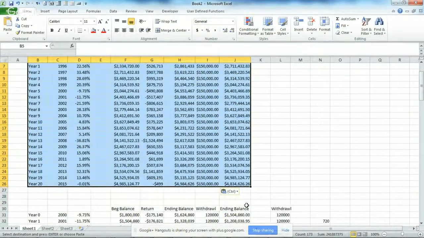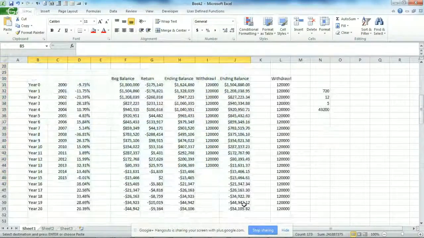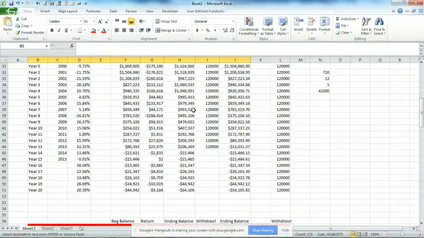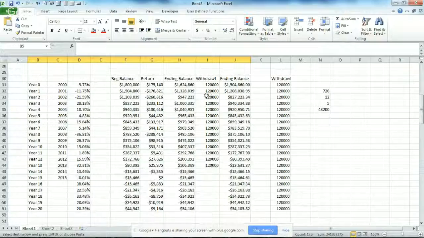But what happens if the market doesn't do as good as you are ready to retire? Then in that case, you won't be able to withdraw 80% of your final year salary. You probably have to go with that 4% of your ending balance.